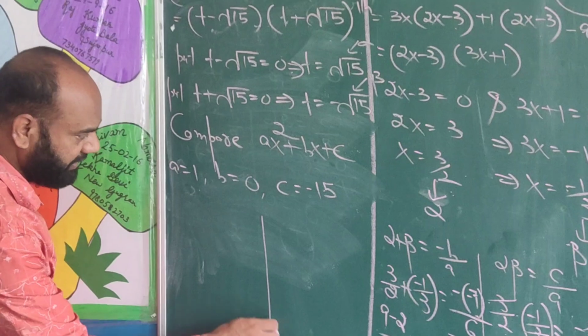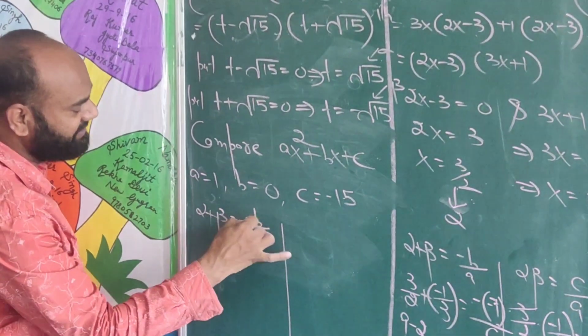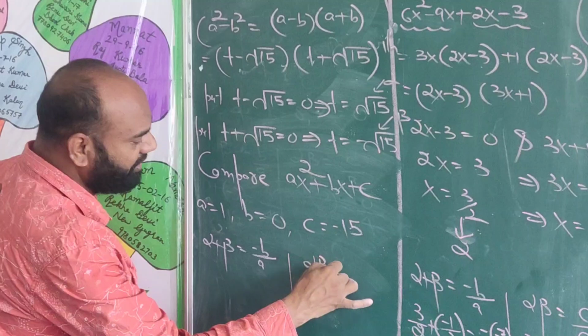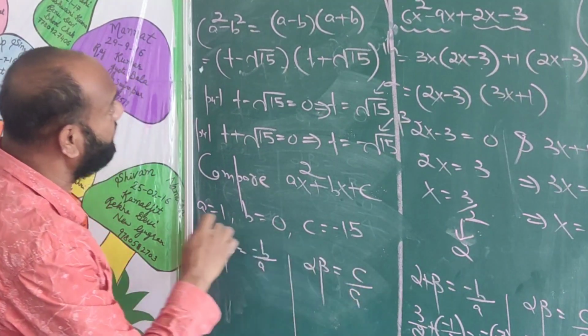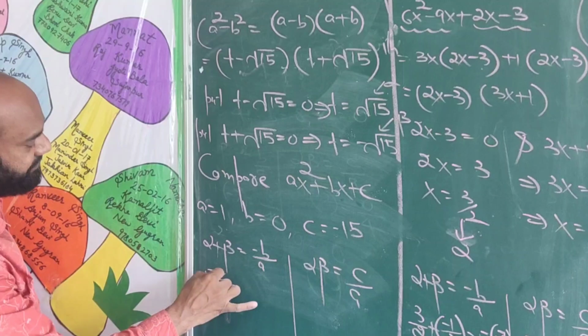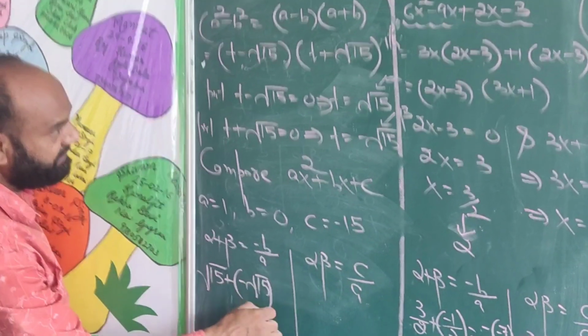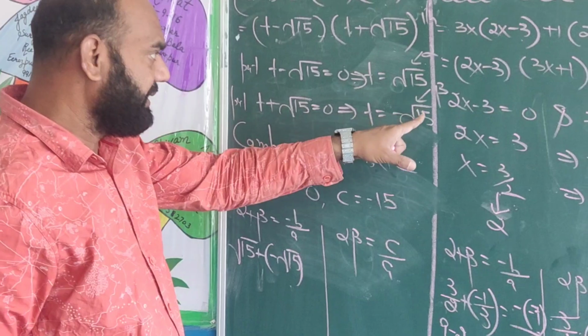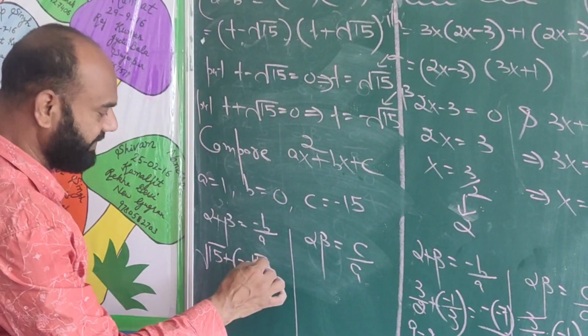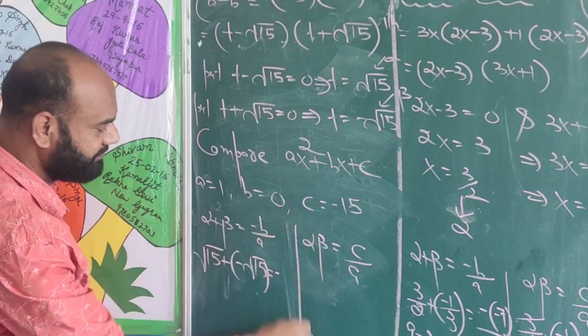Now we prove the relations: the sum of zeros is equal to minus b upon a and the product of zeros is equal to c upon a, where alpha is root 15 and beta is minus root 15. This is alpha, root 15, this is beta, minus root 15, and minus b. What is b here?